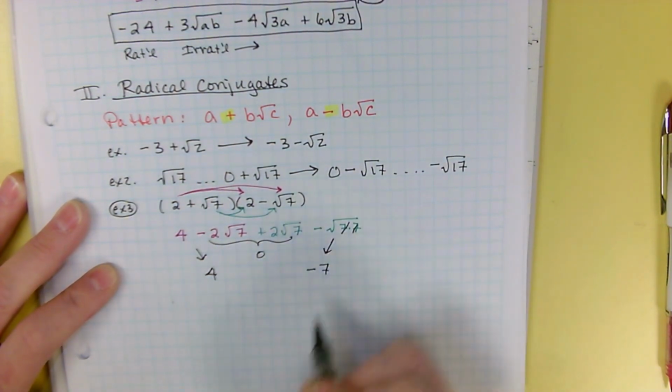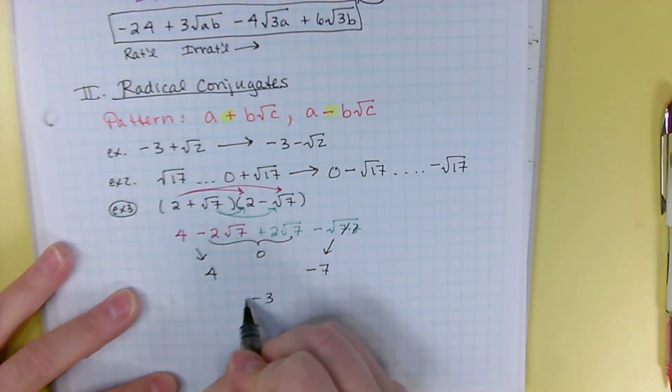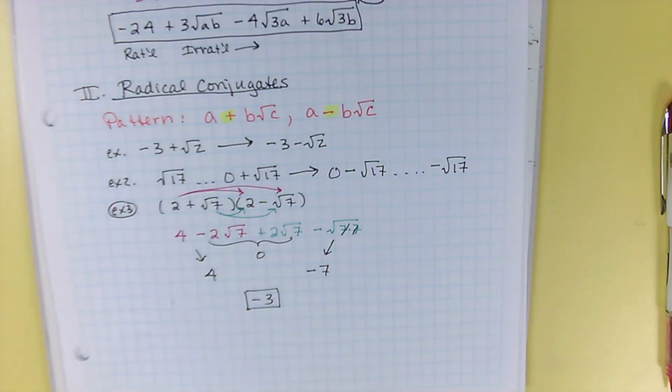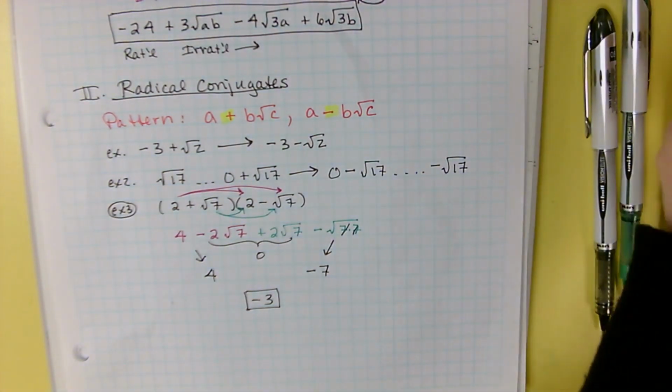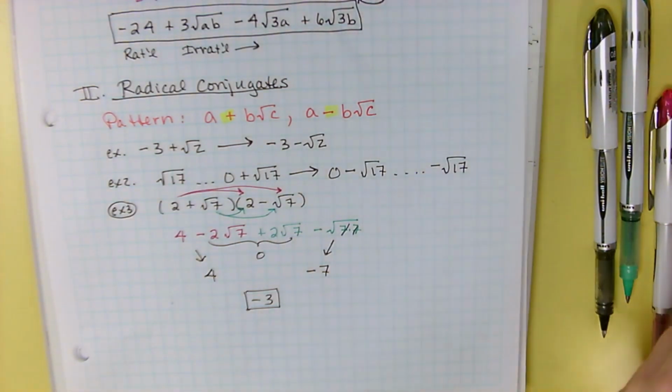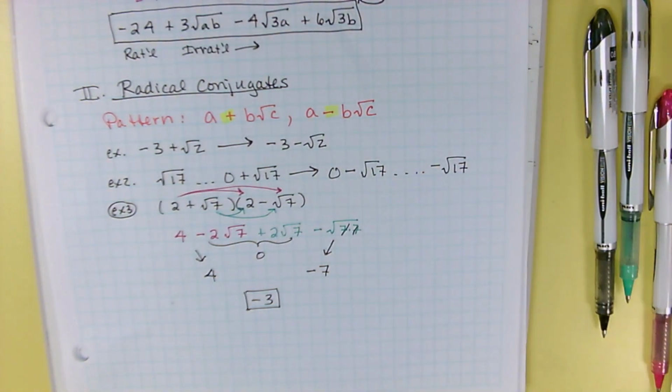All you have is 4 minus 7, which is negative 3. So radical conjugates cause the radicals to disappear. When you're doing division or rationalizing and you want the radical to disappear out of the bottom, the conjugate is how you do it.